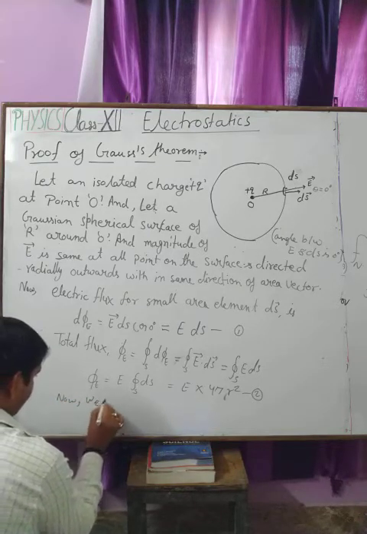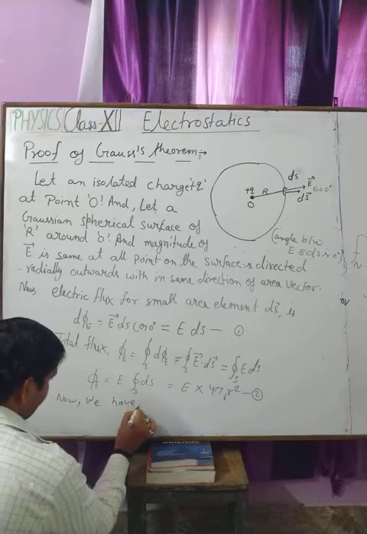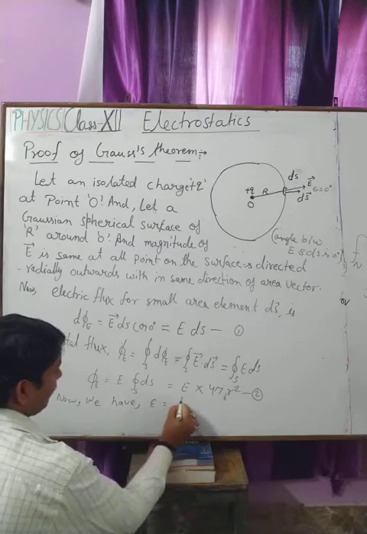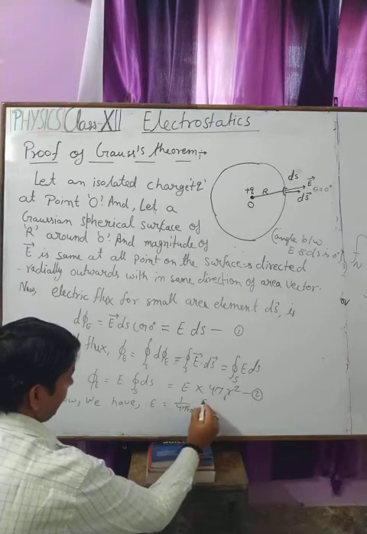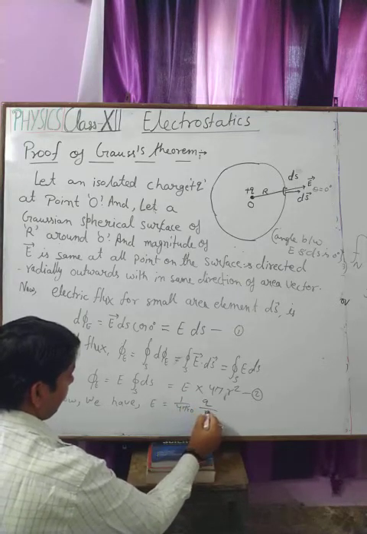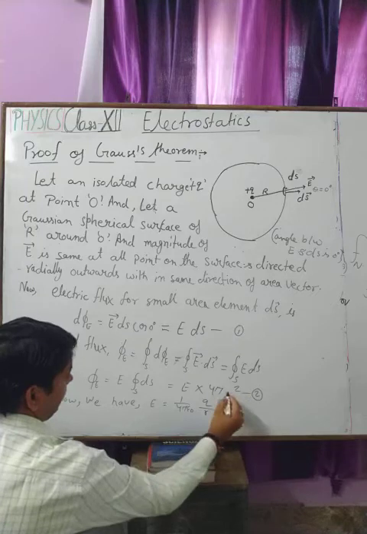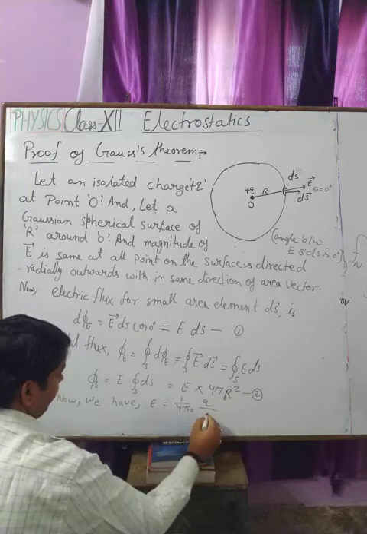Okay students, now we have E equal to 1 upon 4π epsilon naught times q upon r square.